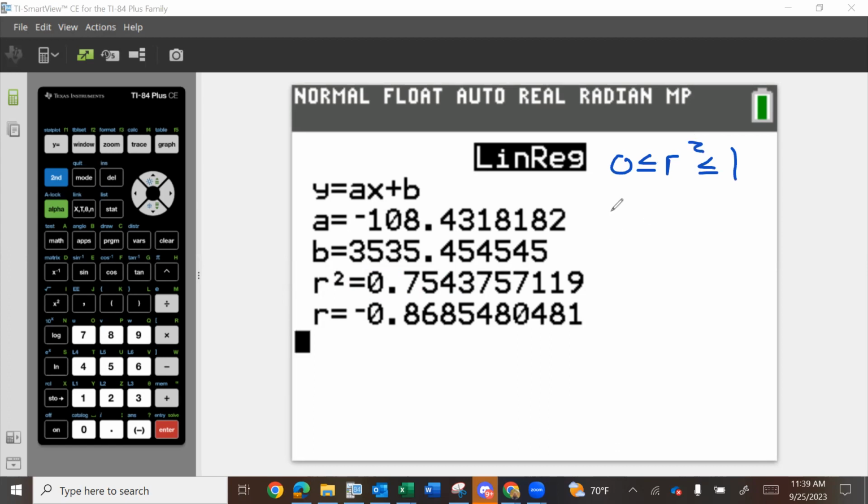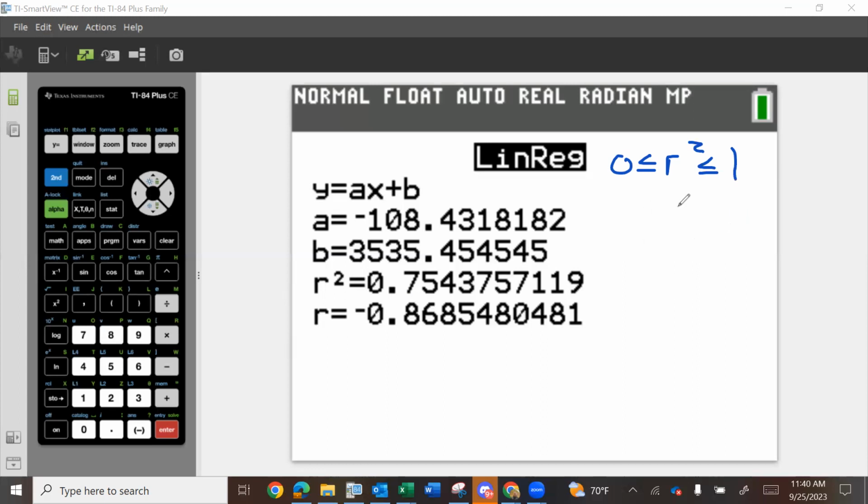The closer that your R squared value is to 0, the worse that your equation fits the points. The closer your R squared value is to 1, the better your equation fits the points. Okay. So we want something close to 1. Now, if your R squared value is exactly 1, first of all, in the real world, that's kind of suspicious. It's like, whoa, how did I get an exact fit? That's very unusual. It can be close, but it's rarely going to be exact.